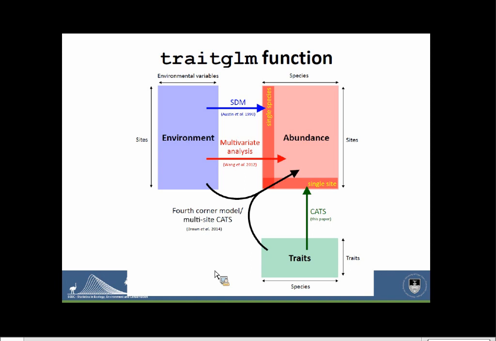But in this function, they're turning it around and trying to predict the abundance of species based on your environmental variables as well as your traits variables. So this is a new, different take on understanding how traits are related to your environment and to the abundance of your organisms.